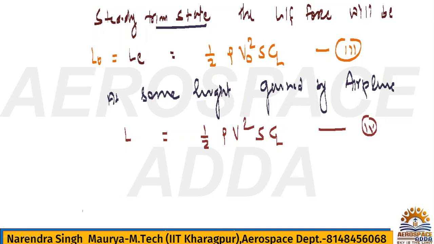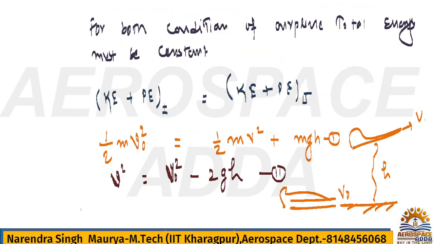Okay, now we have to check the value of the equation. If you see, we have here v square is equal to v naught square minus 2gh.